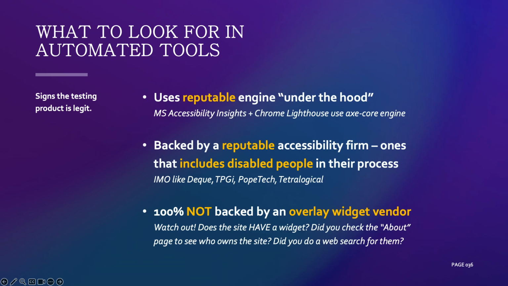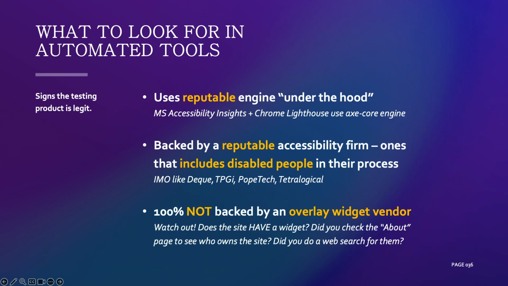Or things that are backed by a reputable accessibility firm. And a reputable accessibility firm is one that has disabled staff. That is my number one recommendation. If they have disabled people either in their process, or definitely if they have them on staff, that's the gold standard.